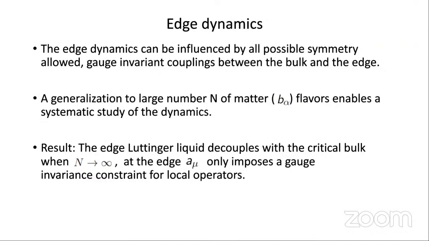Actually, the setup is that the fermion flavor remains unchanged in this large N generalization. It is a treatment for this critical field theory, but maybe it will be clear after I show you the field theory. Yeah, thank you.